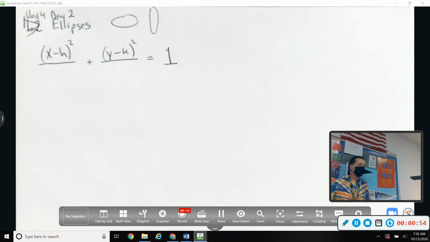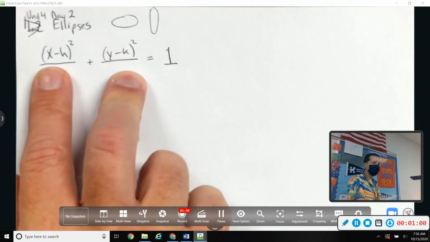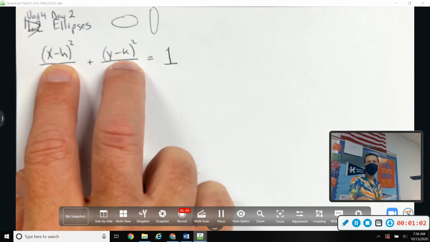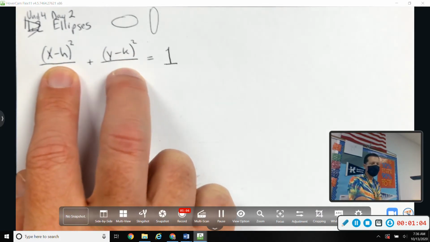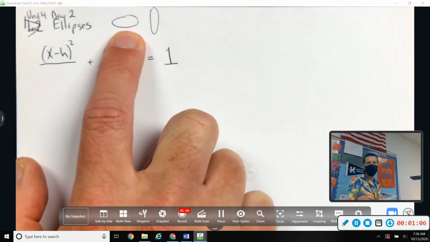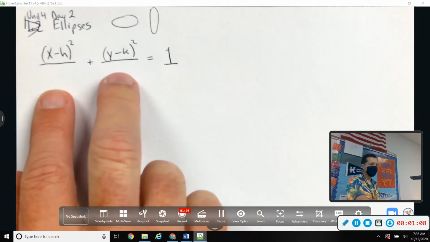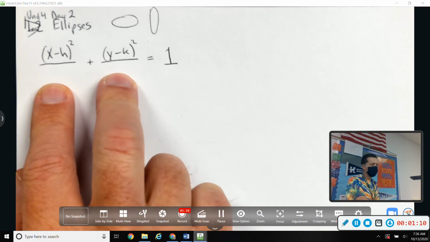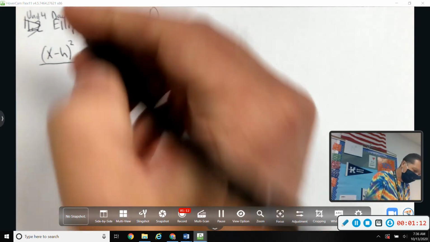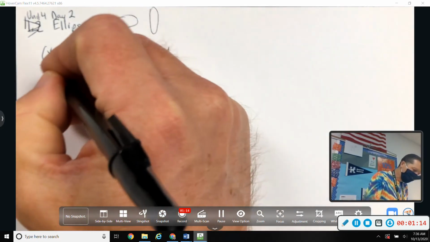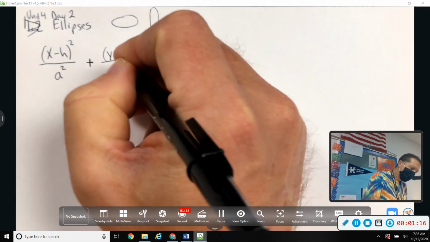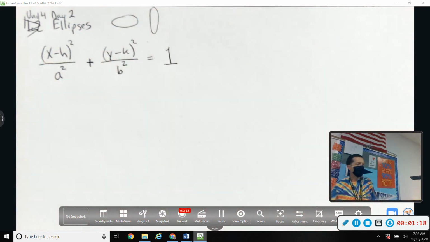So you can see there's a little bit of a circle influence there. In fact, if there wasn't over anything, you'd have a circle of radius 1. And I guess that makes sense because circles and ellipses, their shapes are similar, so their formulas are similar. But not exactly the same. a squared and b squared.